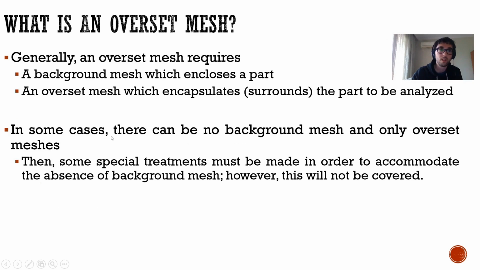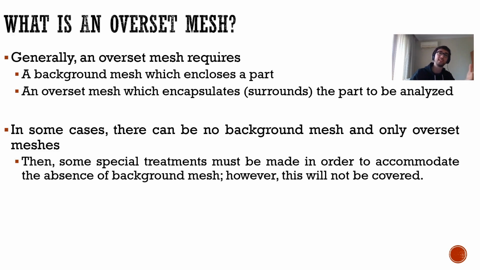Okay, so generally an overset mesh requires a background region which encloses the whole region, and an overset mesh which encapsulates the part. Encapsulates meaning it surrounds the part. So the background mesh in other terms will be your actual domain, and then inside it there will be the overset mesh or meshes.